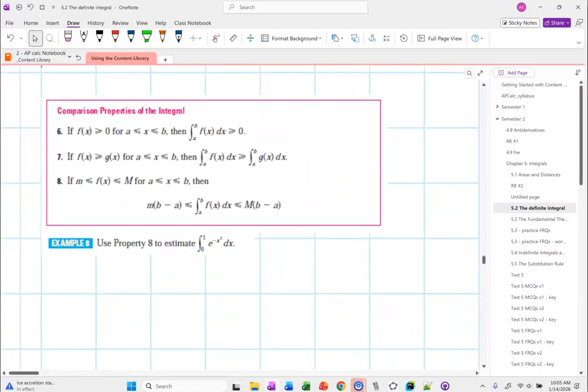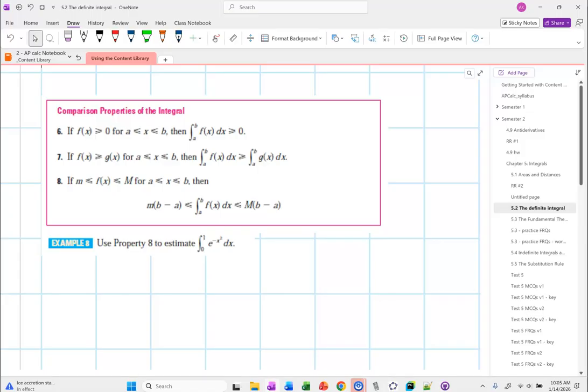And then our last set here are the comparison properties. What this says is that if my function is always greater than or equal to 0, which means it's always above the x-axis or on the x-axis, then the area under its curve has to be non-negative also, right?